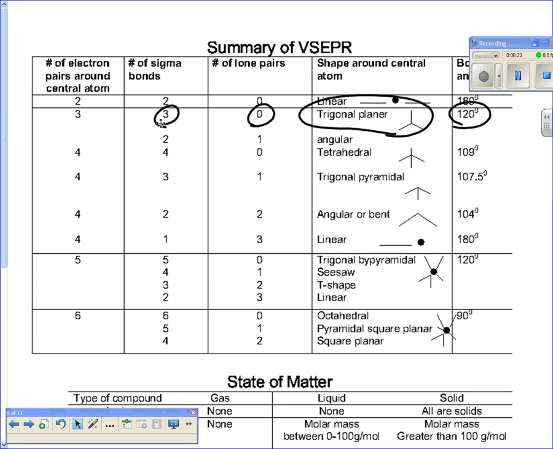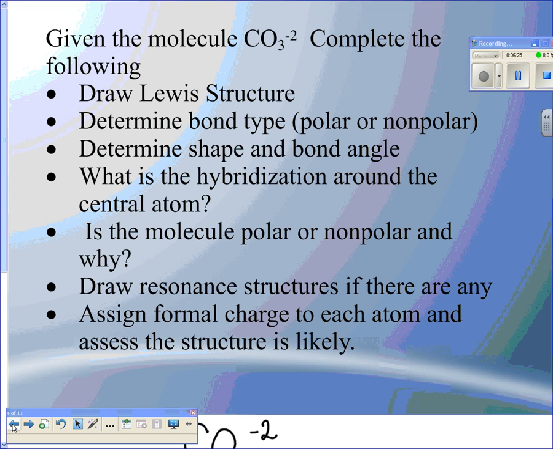So that would be the answer for this question on determine the shape. So again, we saw our Lewis structure, our bond type, that it was a polar covalent bond, and the shape was trigonal planar with a 120 degree bond angle.